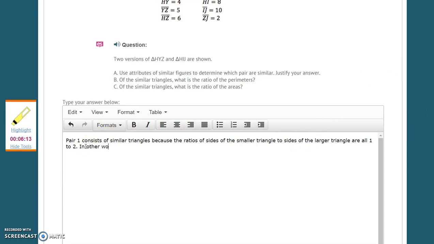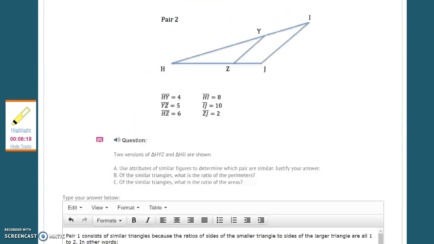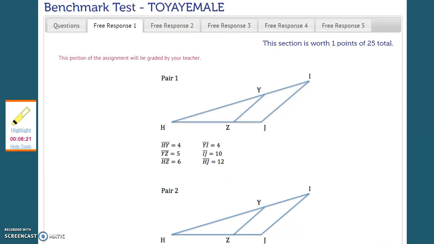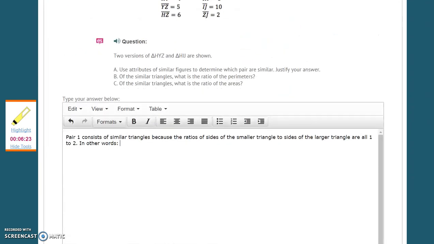In other words, and this is where it would help to have a picture so I don't have to keep scrolling up. HY to HI is 4 to 8, which is 1 to 2.